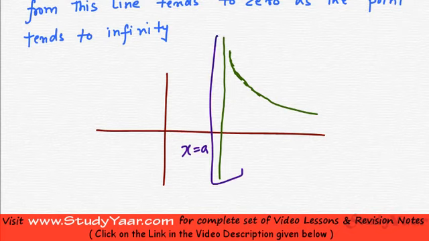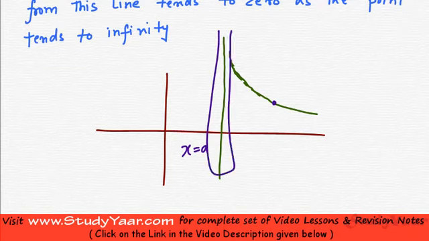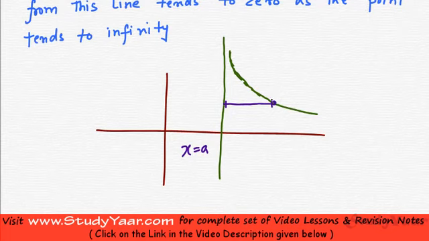I say this is the asymptote of this curve because if I take any point on this curve, then the perpendicular distance of this point from this straight line, which is this distance, basically tends to 0 as this point tends to infinity along this curve. When I come over here, this distance is decreased.